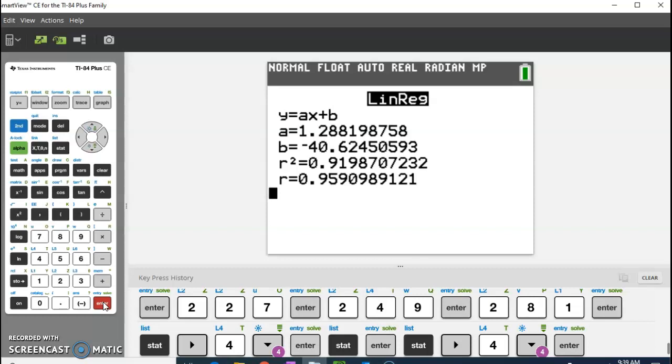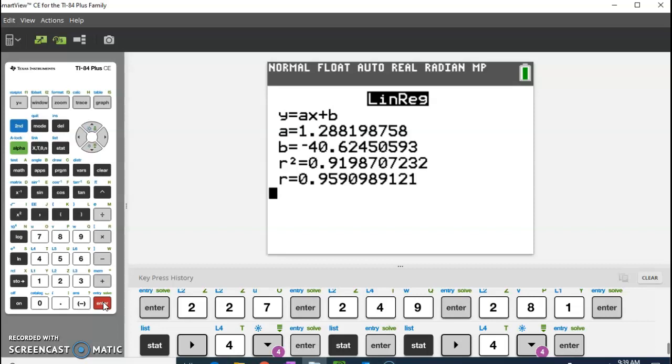So when I write down my line of best fit, it's going to be y equals 1.288x minus 40.625. Notice that 5 is going to bump the 4 up to a 5. It also asks me to record my R-squared value. We always do the R-squared value to 2 decimal places, which would be 0.92.